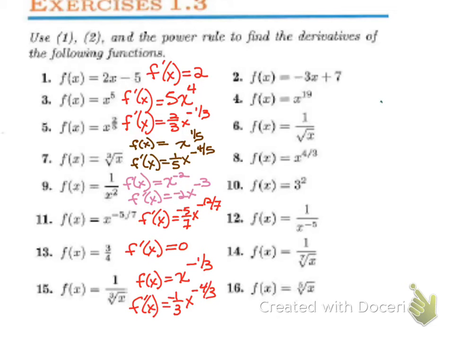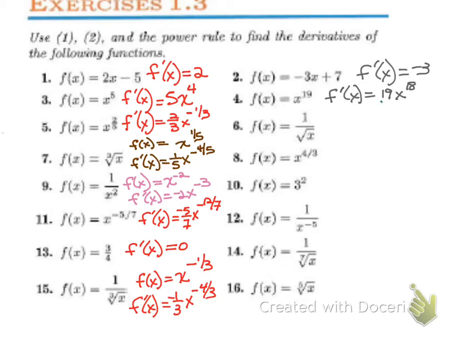F of x equals negative 3x plus 7. So that's just going to be f prime of x equals negative 3. And I have x to the 19th. So f prime of x equals 19x to the 18th. Bring it down by 1 power.